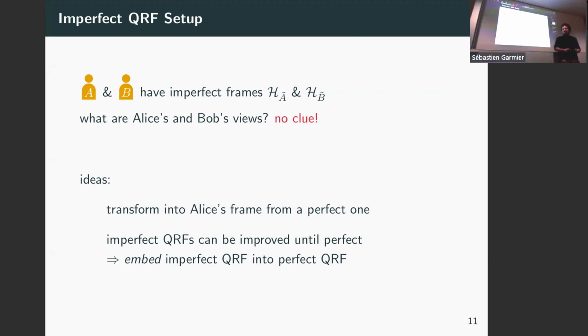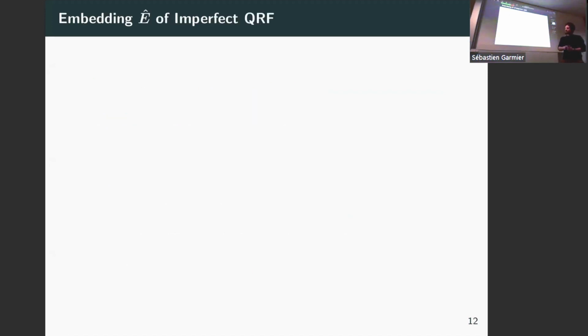So what is that? Let's talk about the embedding first, because this then can help us with the first idea. The embedding, I call it E, is basically a linear map from the Hilbert space of the imperfect frame to the Hilbert space of the perfect frame. It should have some nice properties, like it should be an isometry, it should keep the inner product the way it is.